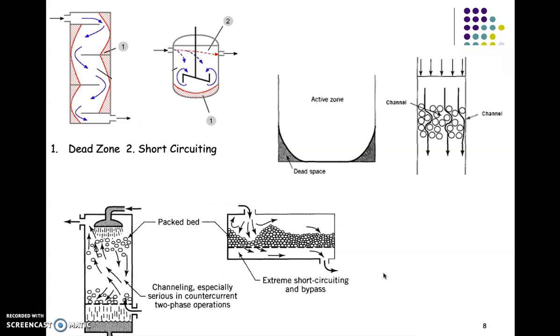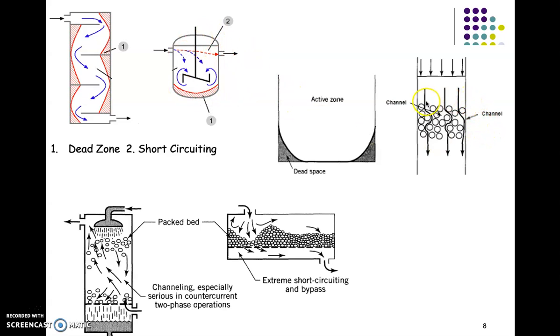So giving you another example, this is an example of having a dead zone in a PFR. You can see the red area which shows you some dead zone. Okay, and then short circuit, or bypass, is in the CSTR.